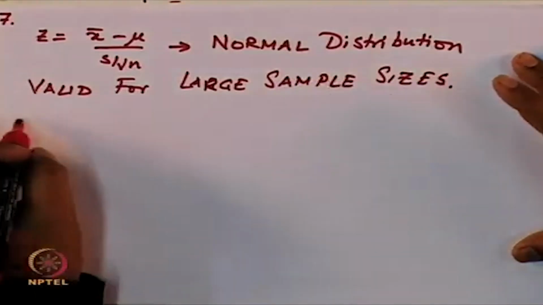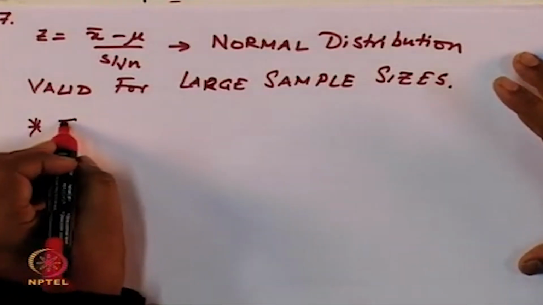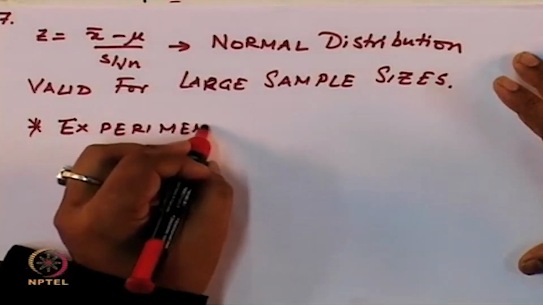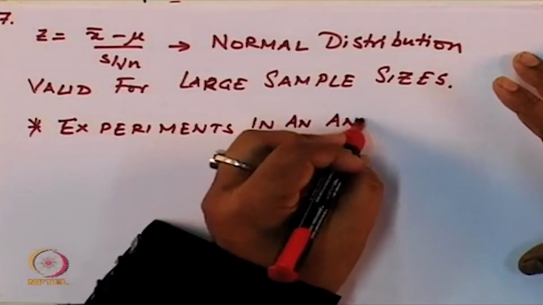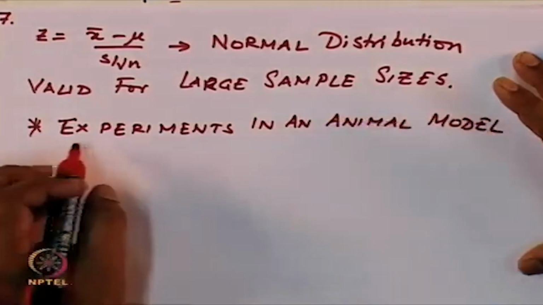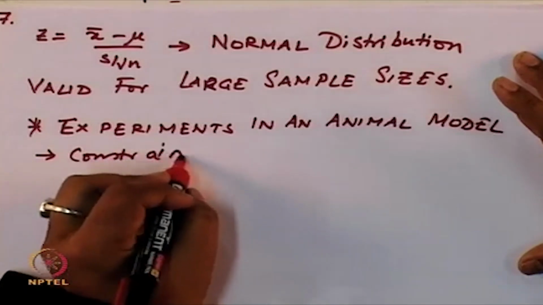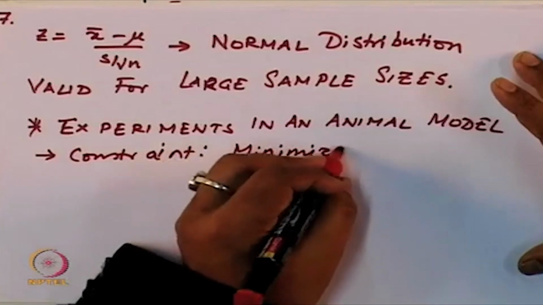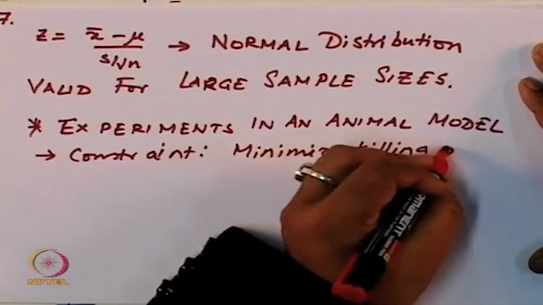Imagine the following scenarios. You want to do some experiments in an animal model. What is your constraint? The constraint is to minimize killing of animals.